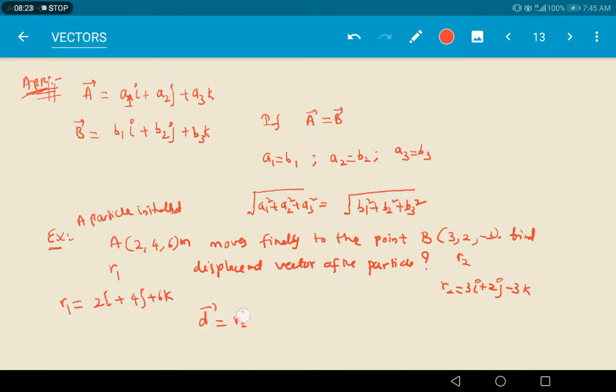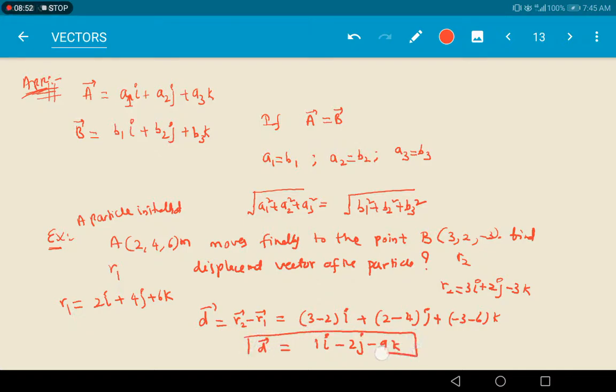The displacement vector equals r2 bar minus r1 bar, the final position vector minus the initial position vector. (3 minus 2) i plus (2 minus 4) j plus (minus 3 minus 6) k. Therefore 1i minus 2j minus 9k is the displacement vector when the particle moves from A to B.